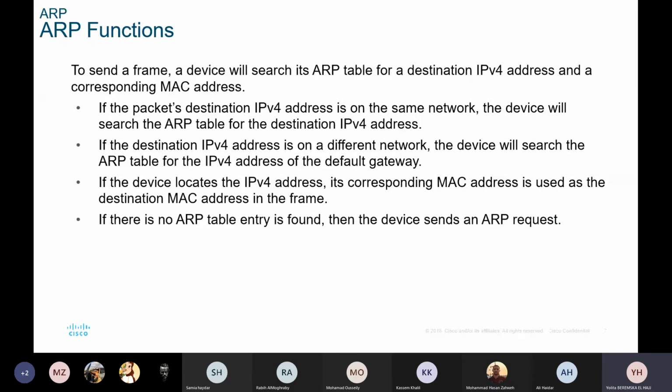About ARP functions, we have to say that ARP provides an ARP table that is going to be temporarily modified, or some of the entries will be deleted. Usually there is a timer, the ARP timer, that can be defined by the operating system of the device.